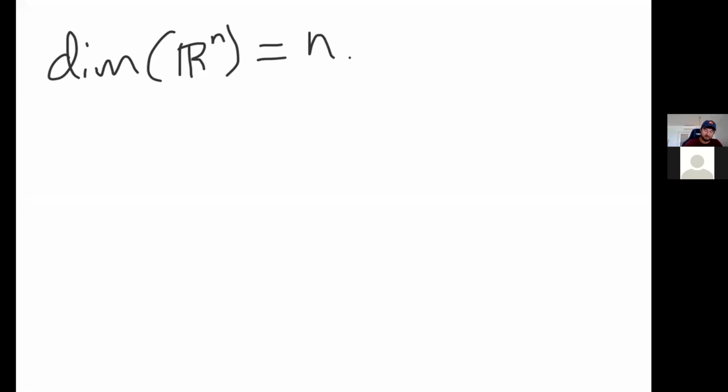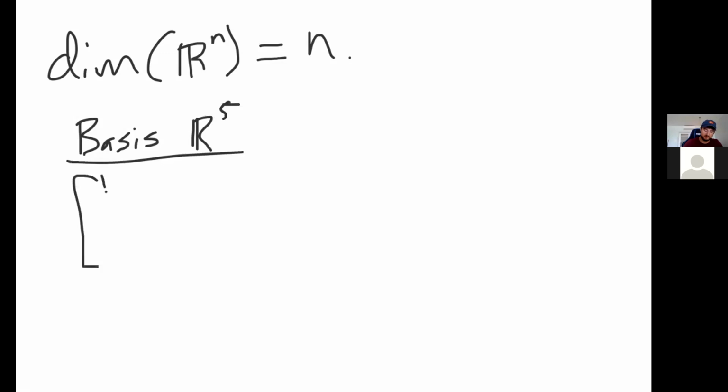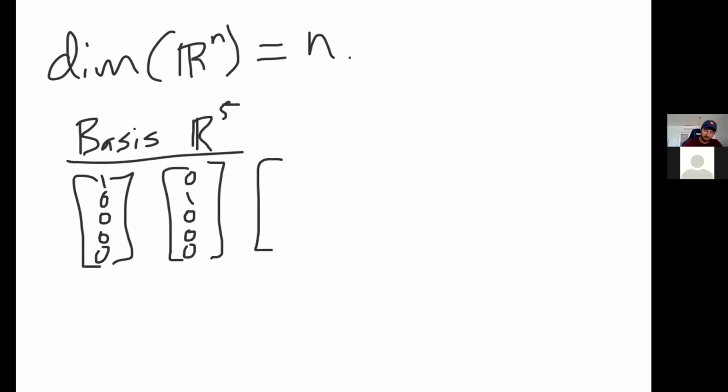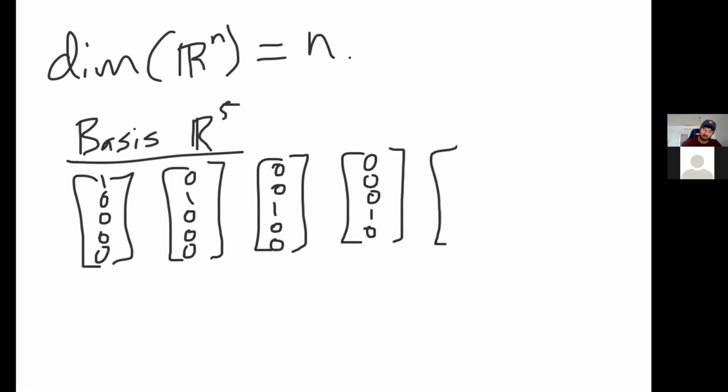So a good basis for R5 would be vectors 1, 0, 0, 0, 0; 0, 1, 0, 0, 0; 0, 0, 1, 0, 0; 0, 0, 0, 1, 0; and last but not least, 0, 0, 0, 0, 1. Those 5 vectors would form a basis.